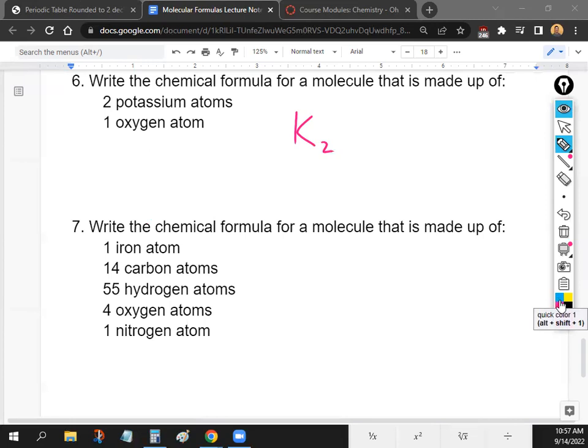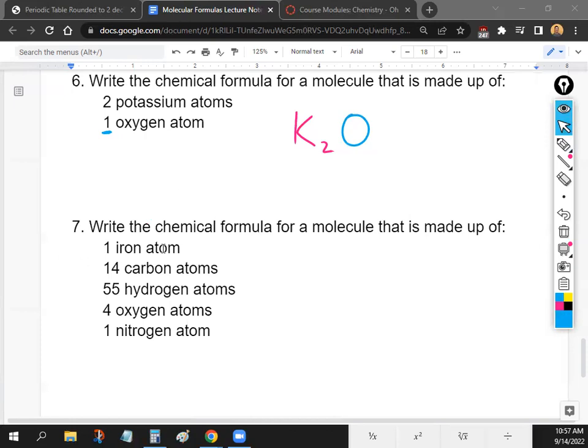Okay, and then we've seen oxygen already. And so we know that oxygen is O. Since there's only 1 oxygen, we just put an O, and that's it. So K2O. Okay, so remember, if there's only 1, you don't need to write a number. You can just write the symbol.